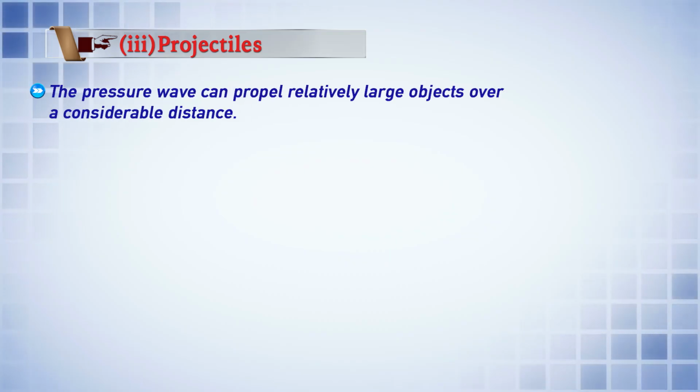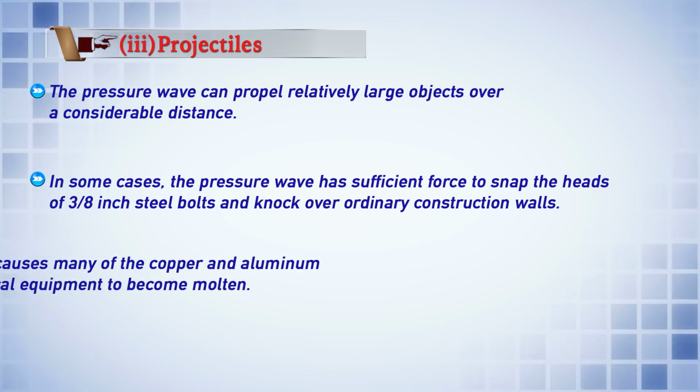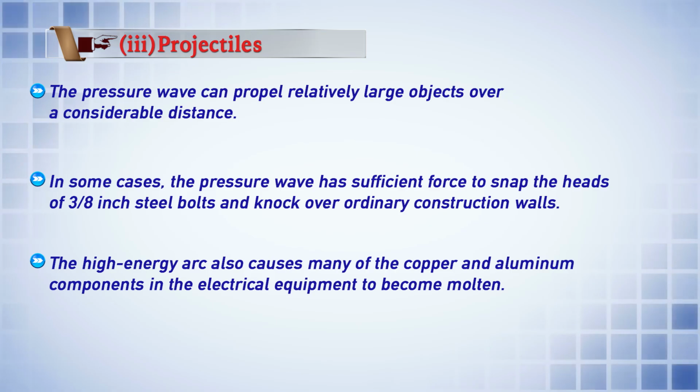Third is projectiles. The pressure wave can propel relatively large objects over a considerable distance. In some cases, the pressure wave has sufficient force to snap the heads off 3/8-inch steel bolts and knock over ordinary construction walls. The high energy arc also causes many of the copper and aluminum components in electrical equipment to become molten.